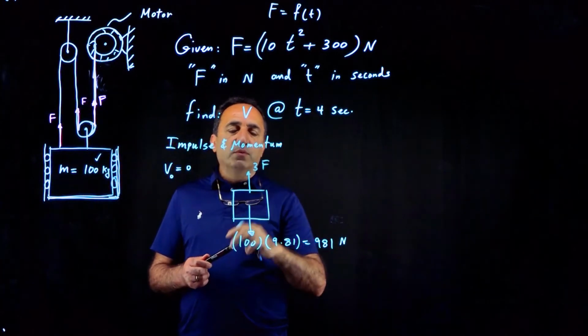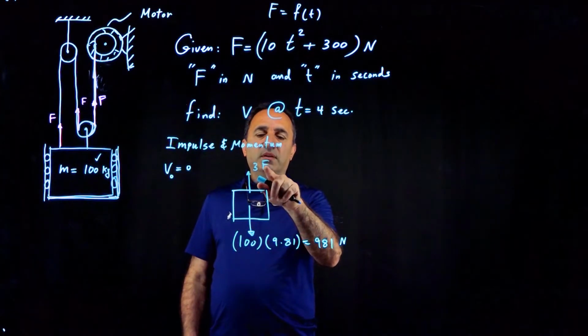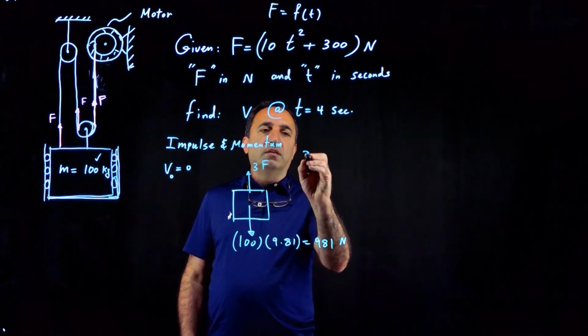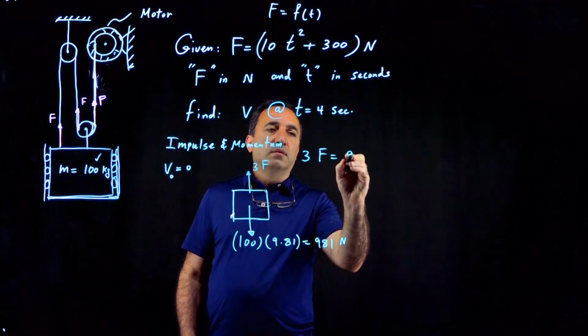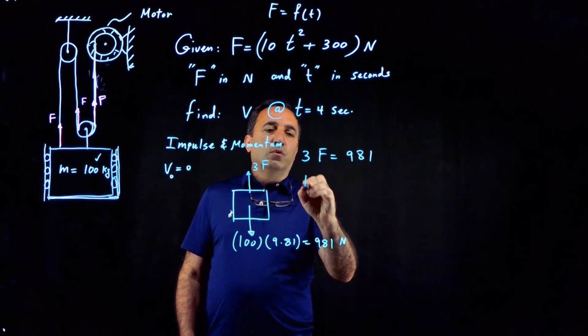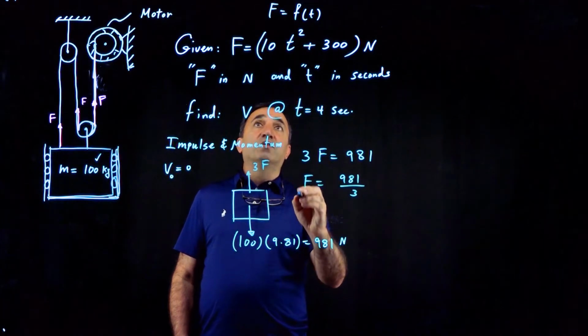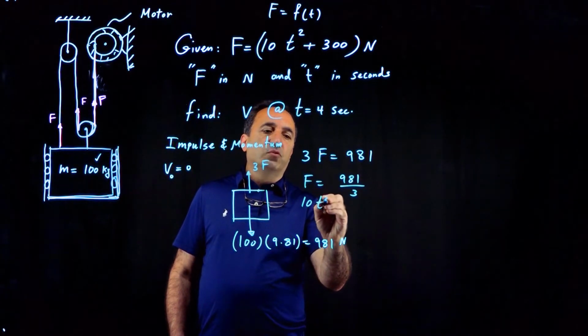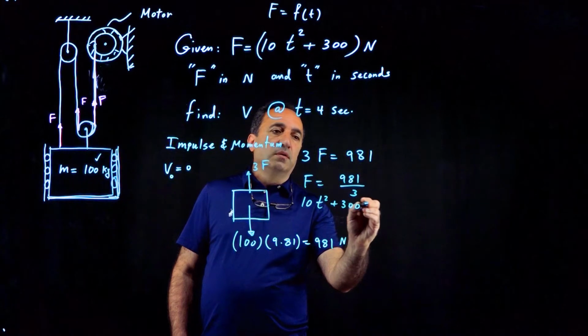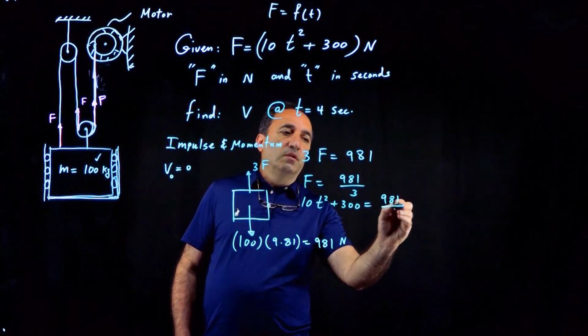So in order for the motion to happen, at least you have 3F equal to 981, or F equal 981 over 3. And what is F? F is 10t squared plus 300, equal to 981 divided by 3.